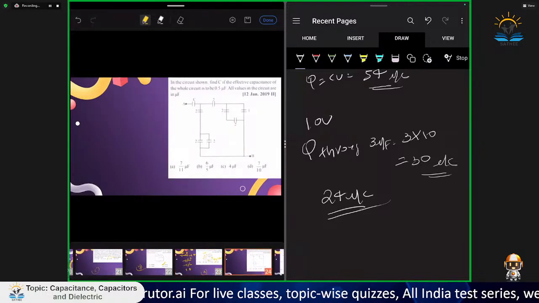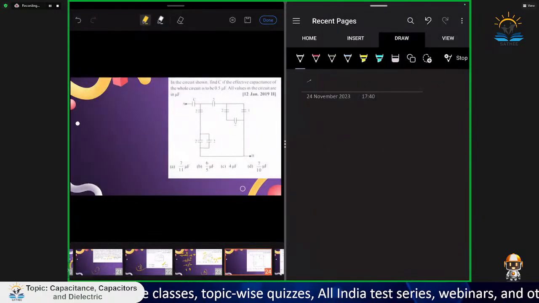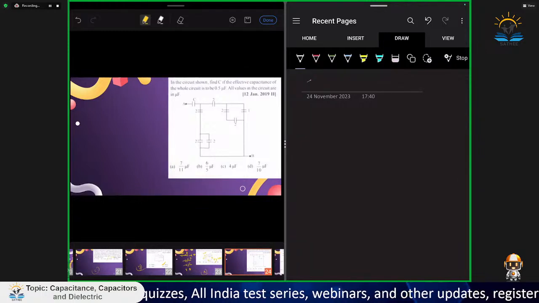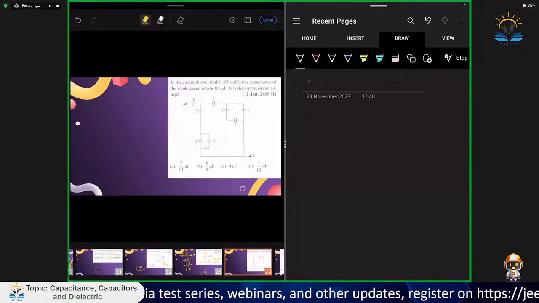Next. This is a little bit tricky, but still we can solve it very easily. See, first we have two marked points. This is A, this is B, already given.